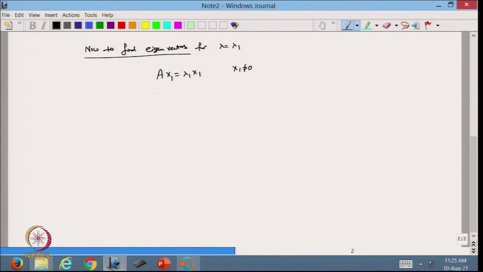So, basically I need to solve A minus lambda 1 I times x1 equal to 0. It means I need to find x1 that belongs to the null space of A minus lambda 1 I, or I can also write the kernel of A minus lambda 1 I.